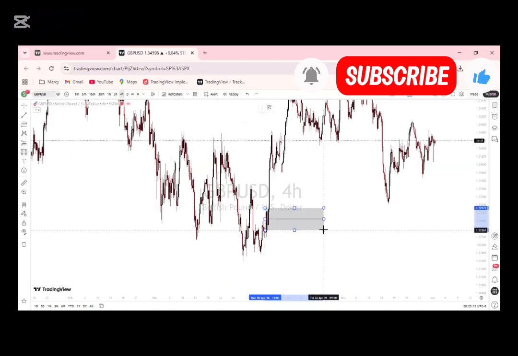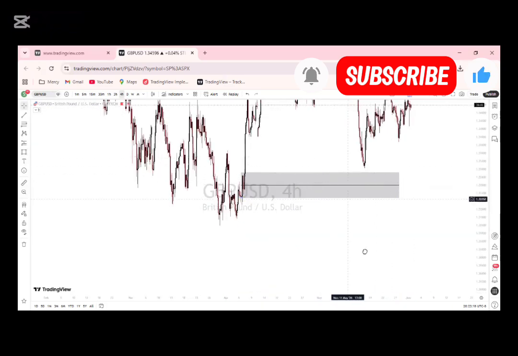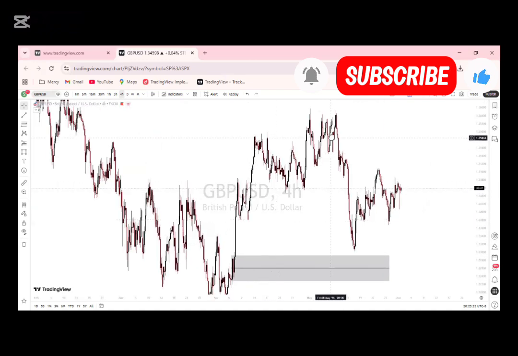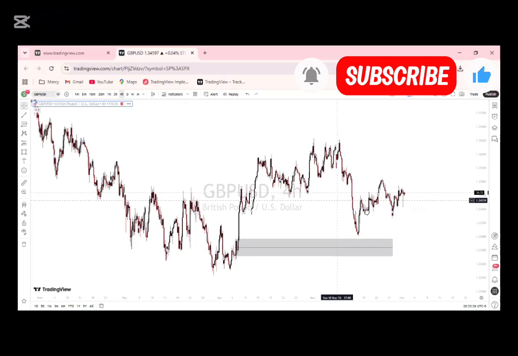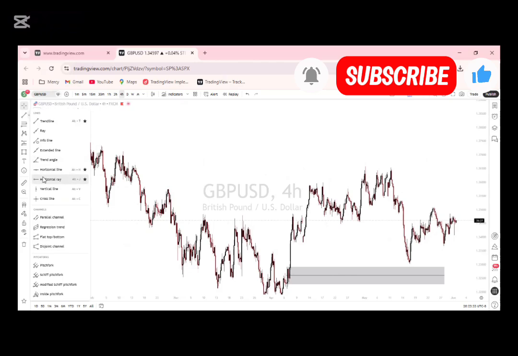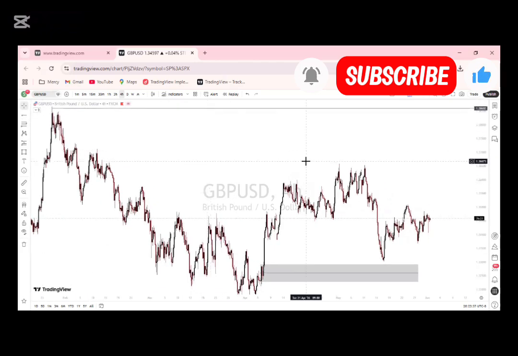Now you can see that we had the market having this strong impulsive move all the way to the upside. So maybe you were expecting the market to continue, or let's say you took this particular trade expecting the market to go to this particular level, but then the market started returning back to this particular zone.